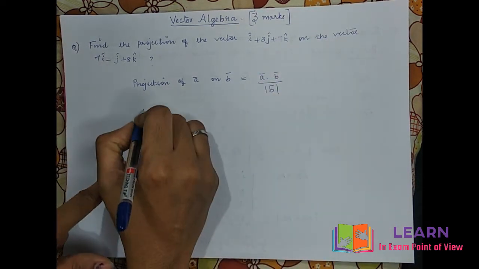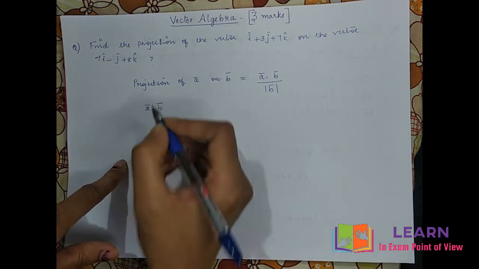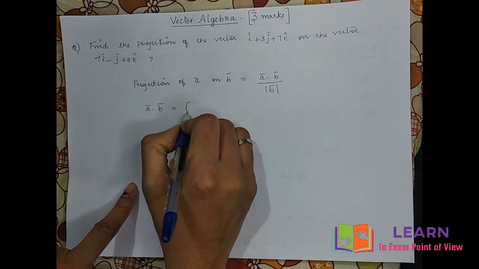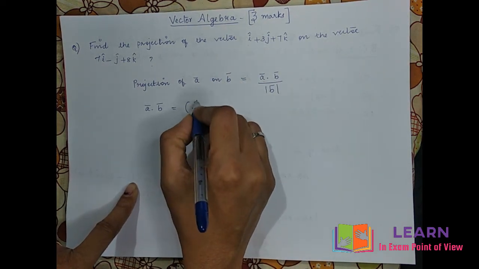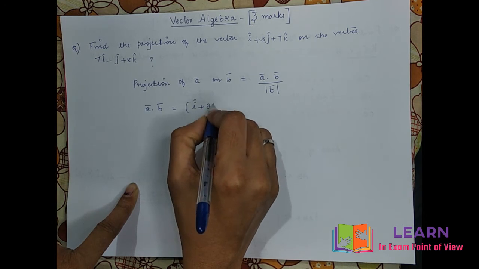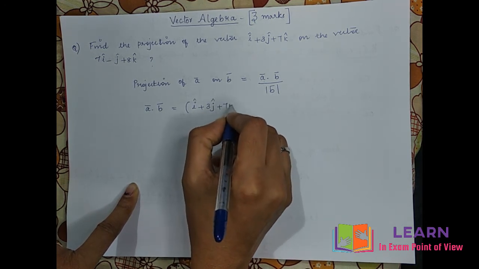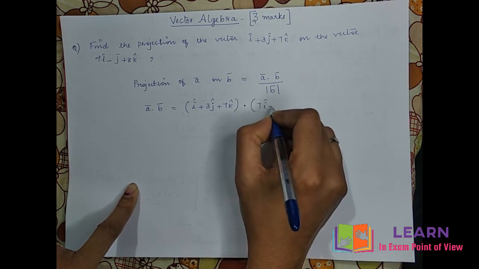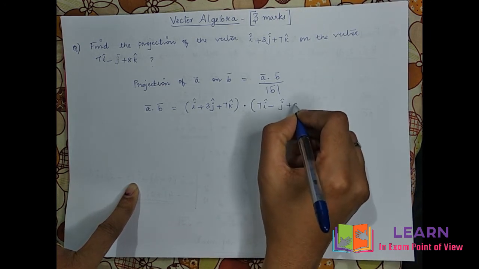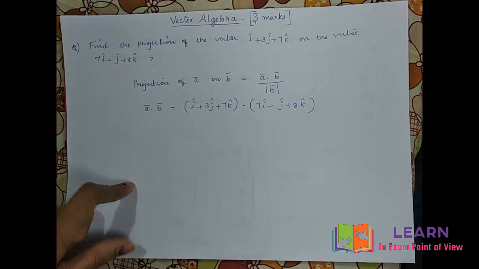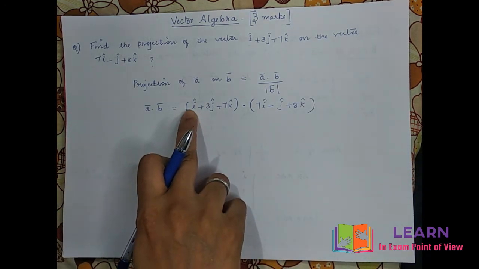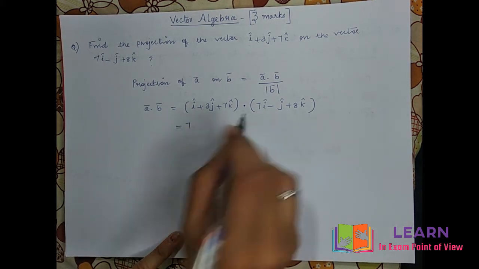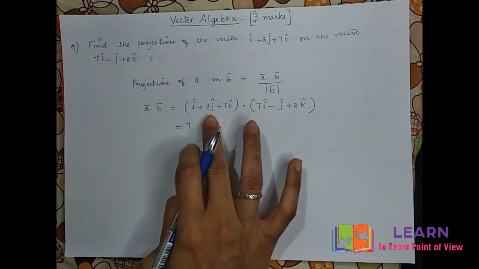So the first step is we have to take the dot product, A dot B. For that, write the two given vectors: i plus 3j plus 7k dot the other vector 7i minus j plus 8k. So here there is 1 into 7, 7. i into i is 1, so no need to write i, j, k.